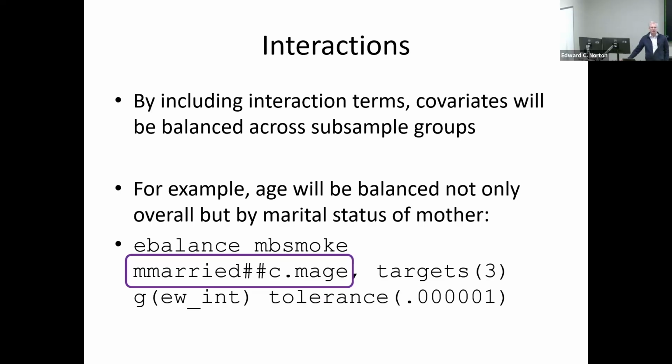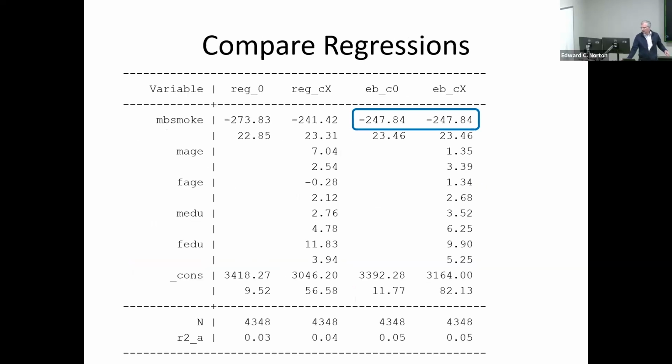Is there... right? So the question is, are there cases where entropy balance is better or perhaps worse than just running a regression? So just to make it clear, either column 3 or 4 compared to column 2. Is that what you're asking about?